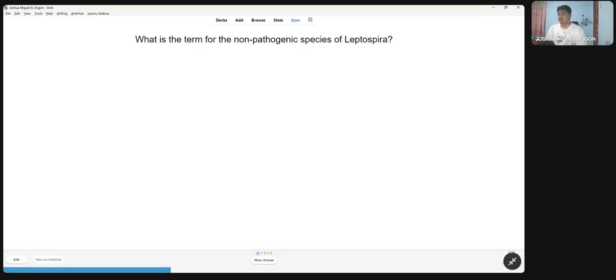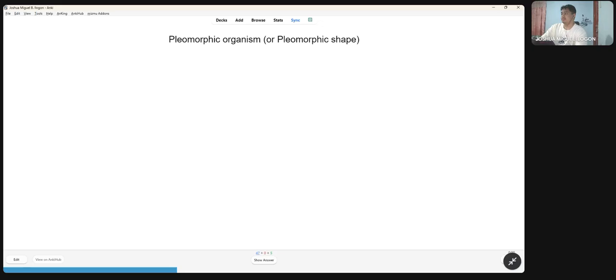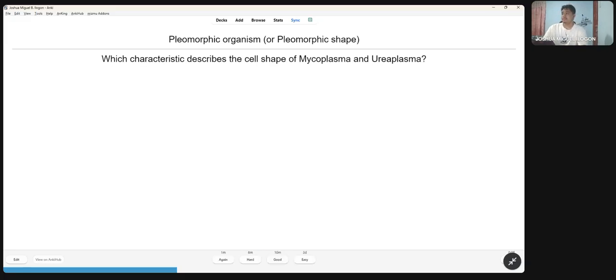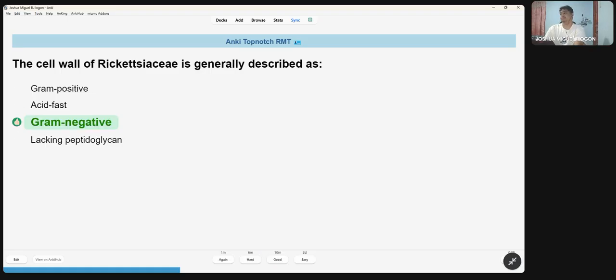What's the term for non-pathogenic species? Okay, I don't know that. Biflexa, okay. Sulfa drugs. Pleomorphic. Oh, the three guys. Alright, fine. Gram negative.